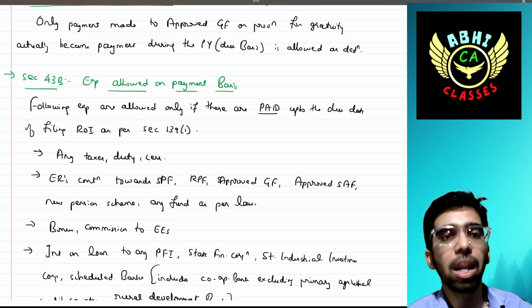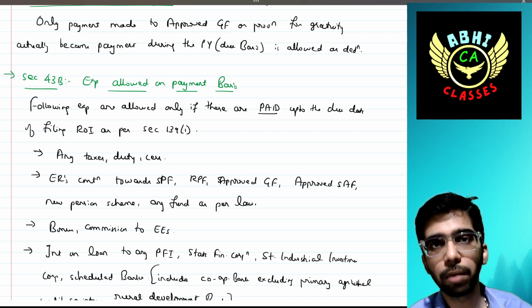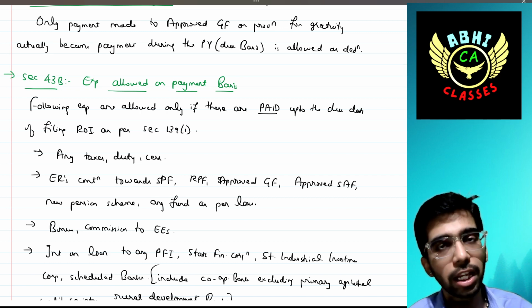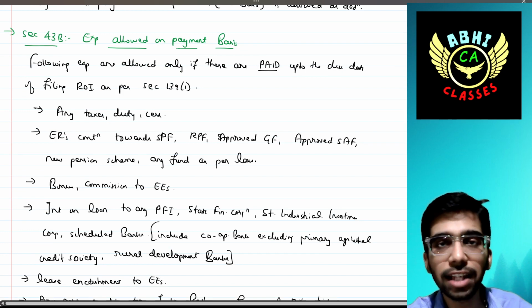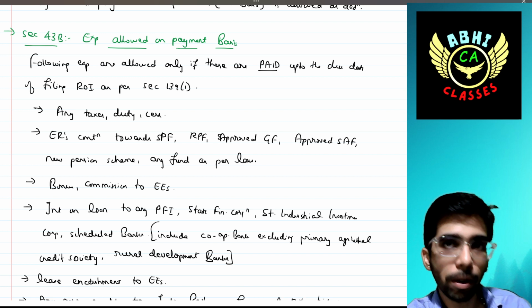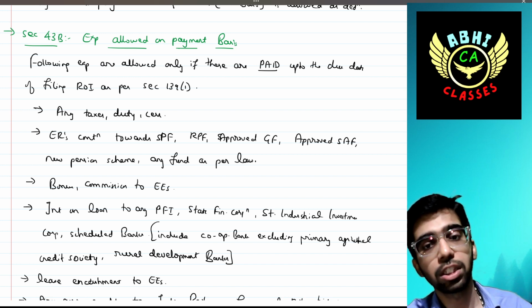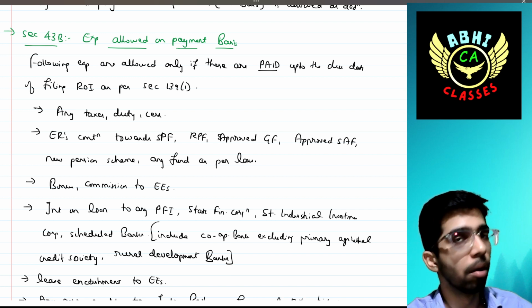The following expenses are allowed only if these are paid up to the due date of filing income tax return as per section 139(1), which are considered as any taxes or duty, that we have already considered. If it has not been paid in the 23-24 financial year, but is paid within the due date of filing income tax return, then it is allowed in the books of accounts.